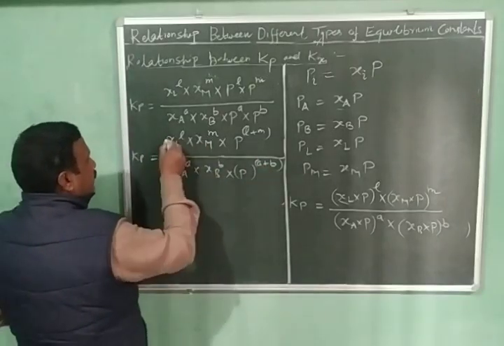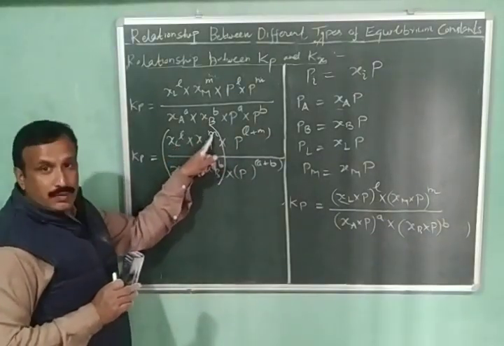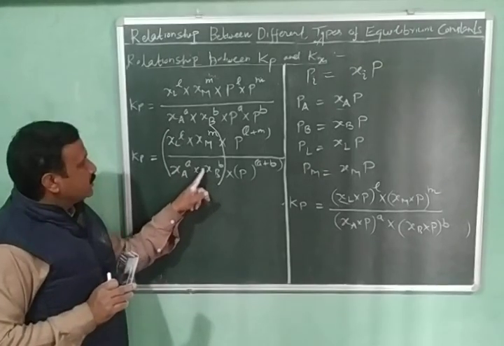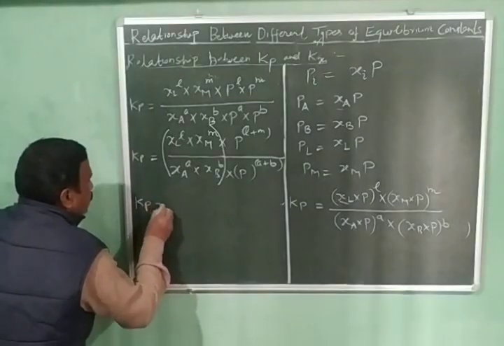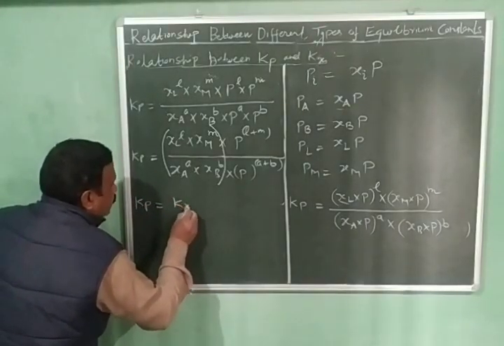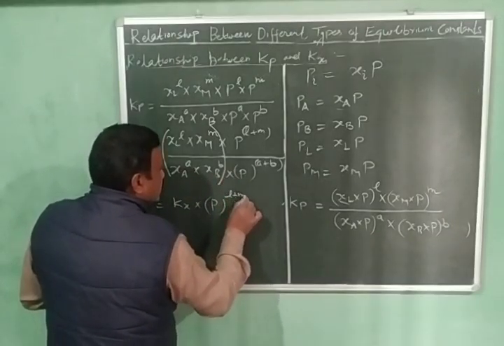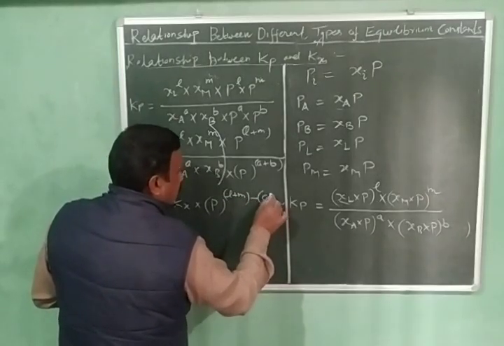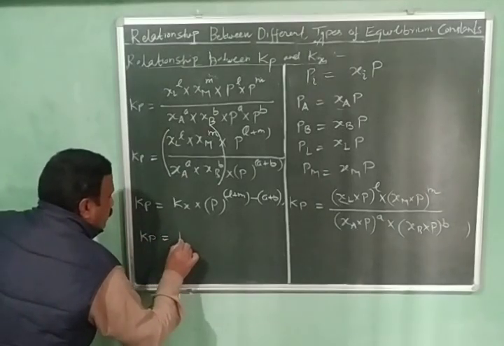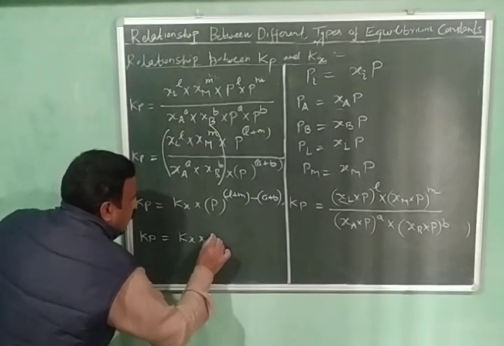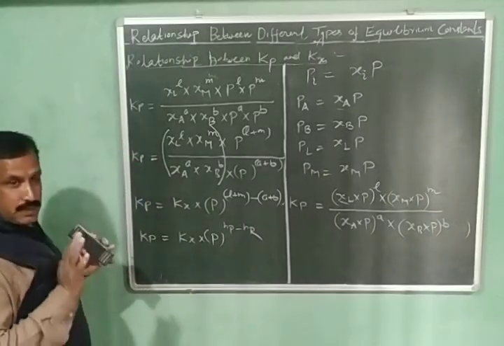and this quantity, that is XL raised to power L into XM raised to power M divided by XA raised to power A into XB raised to power B, is Kx. So this Kp will be equal to Kx into P raised to power L plus M minus A plus B, and this is Np minus Nr, as I explained earlier.